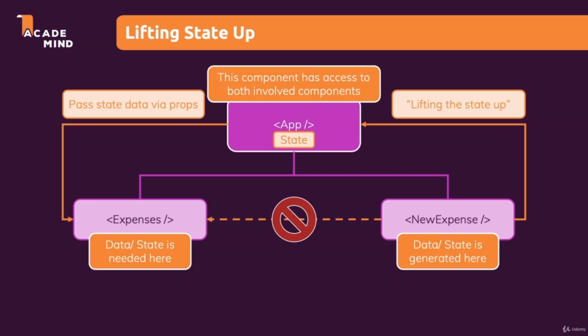And that is an important concept. You will hear the term lifting the state up quite a bit when you're working with React, also later in the course. And whenever you hear that, it is about moving data from a child component to some parent component to either use it there or to then pass it down to some other child component.